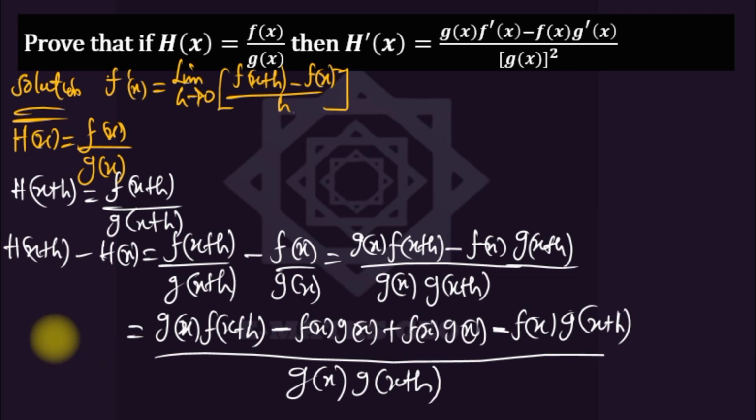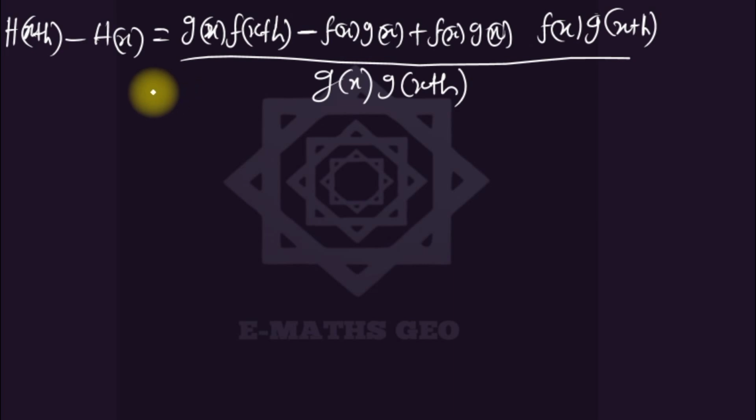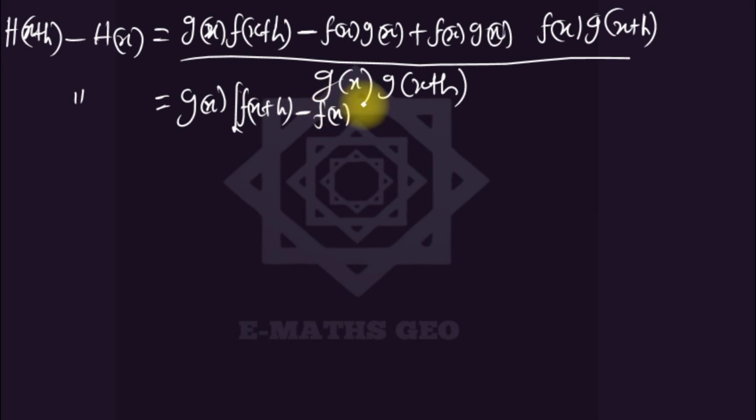So let's move to the other page. Okay. So we can factor, as you can see, we have g of x. So we have f of x plus h here, that's the remaining f of this minus f of x. So that's for this.